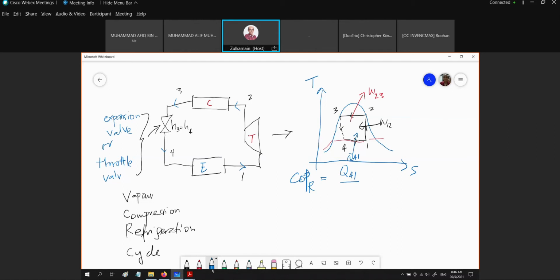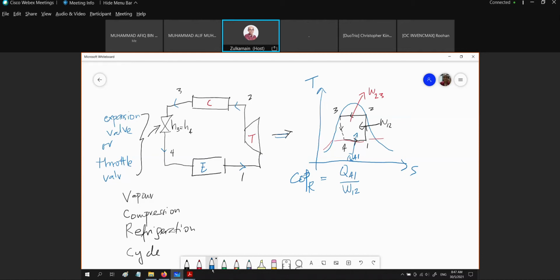In this case, the W net in is only the work input to the turbine. There's no work 3 to 4. So here we could write W12.